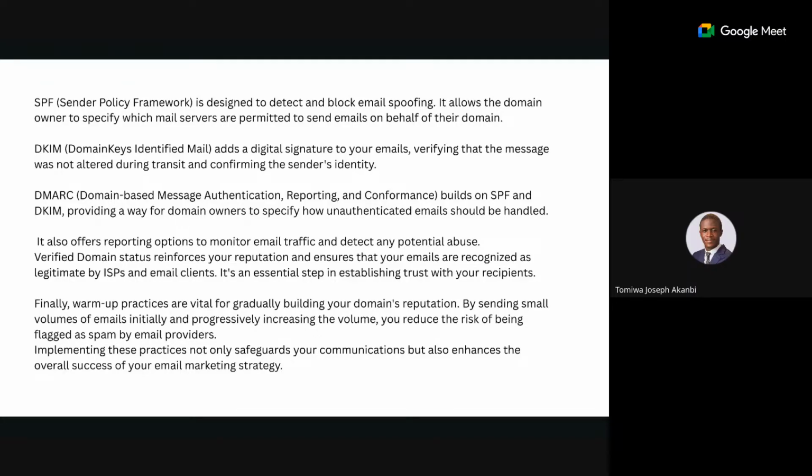It allows the domain owner to specify which mail servers are permitted to send emails on behalf of their domain, right? So when, for example, I buy a web address, www.kbac.com, that's the domain name, I have to set up SPF, right?